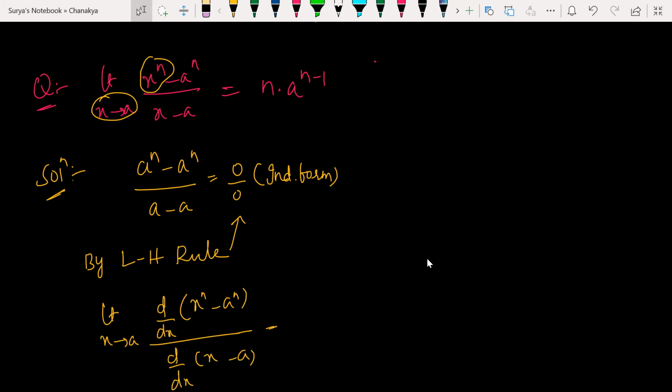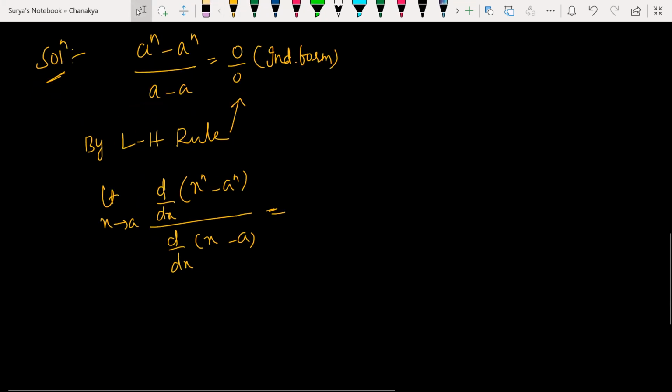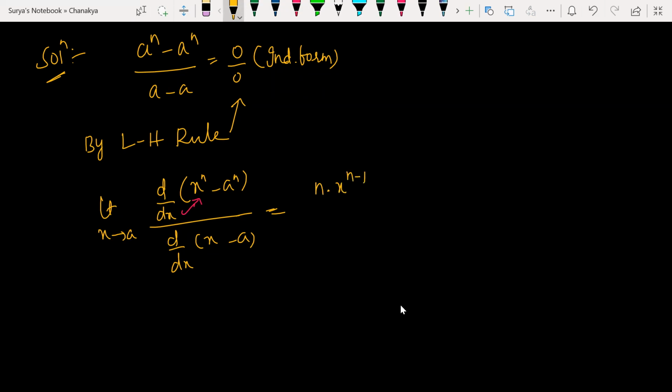I told you that we have to differentiate the numerator and denominator separately. D by dx of x to the power of n is n into x to the power of n minus 1.